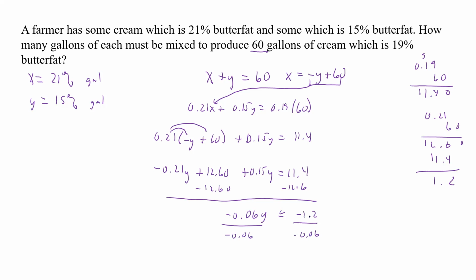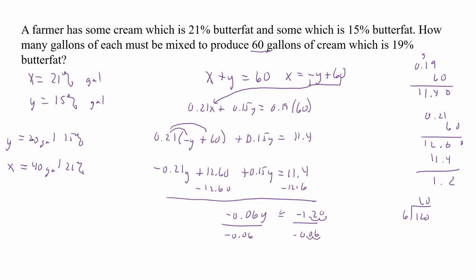I have to move it over 2 decimals, and so 6 goes into 120, 20 times. And so it looks like y is equal to 20 gallons of 15%. And so x has to be what? Well, 60 total minus 20, that's going to be 40 gallons of 21%.